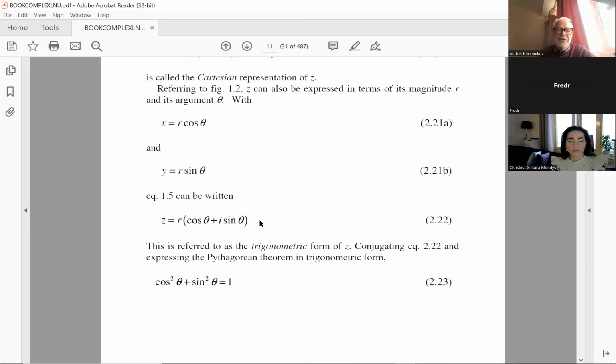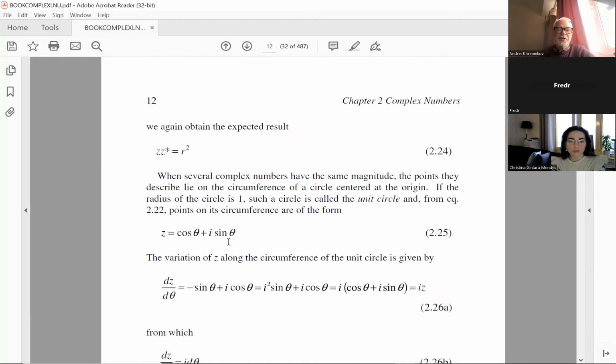It has this form, where we put x and y, and of course the sum of these squares is 1. So if r is equal to 1, all these numbers are on the unit circle. We can write numbers on the unit circle in this form, with theta going from 0 to 2 pi.